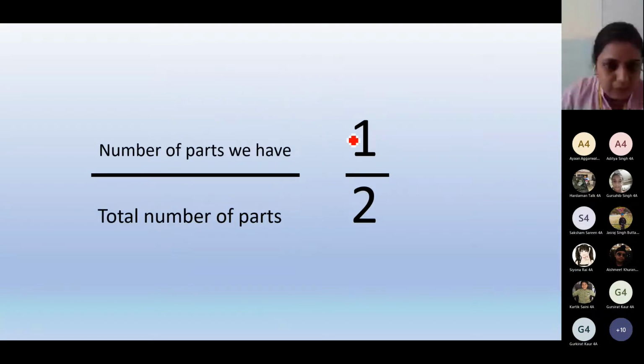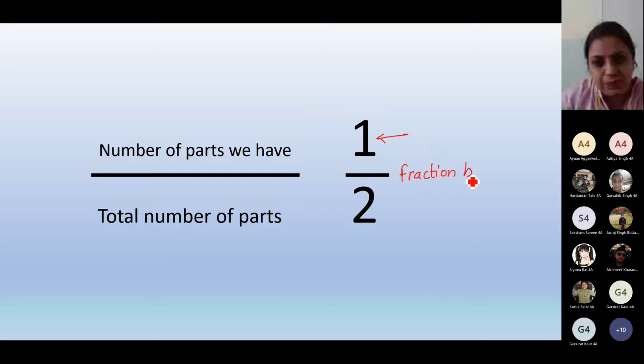Now the numerator, the number above this fraction bar, represents the number of parts that we have. So Abir got 1 part, so we'll write 1 here. And the number below this fraction line represents the total number of parts. Here the chocolate was divided into 2 parts, so the total number of parts is 2.